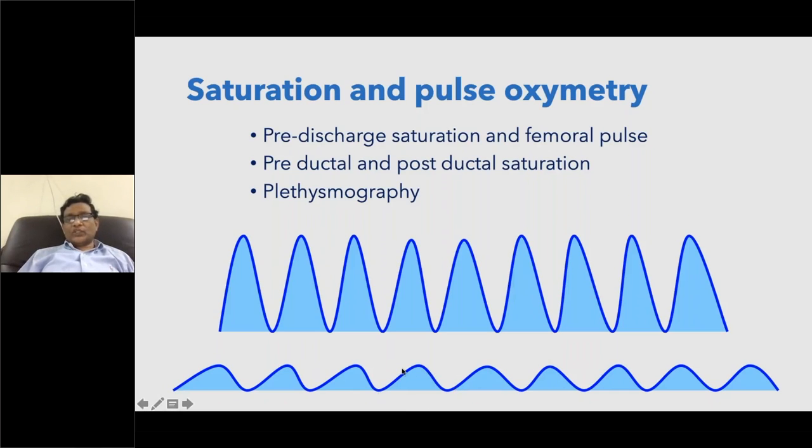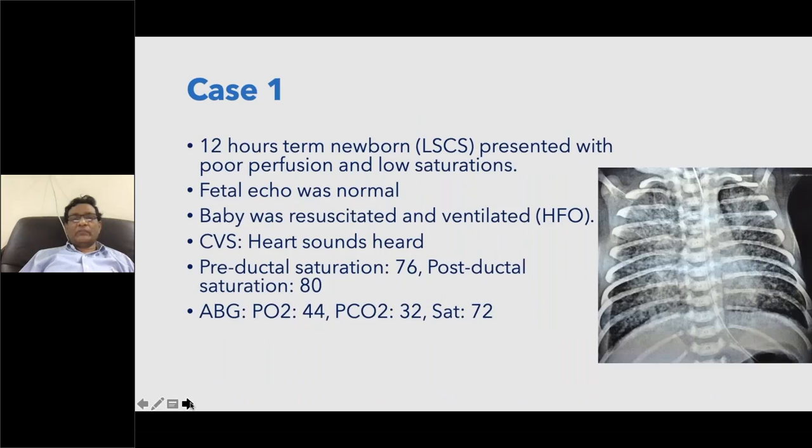So this indirectly suggests that this baby is having a systemic outflow tract obstruction. This is important information to have when you are in the ICU, or when a baby is coming to your NICU or ER with features suggestive of shock, and you will be able to find out.